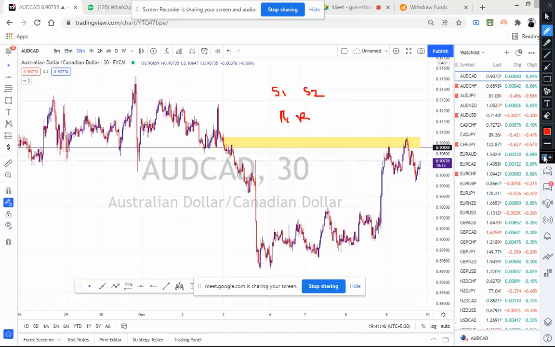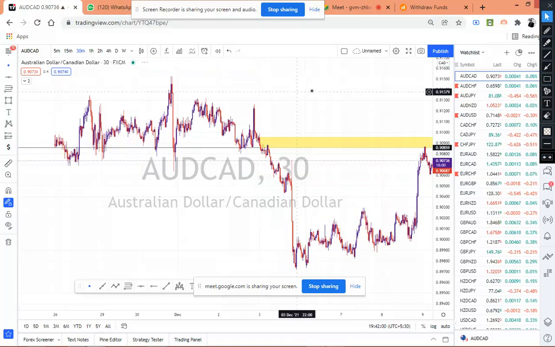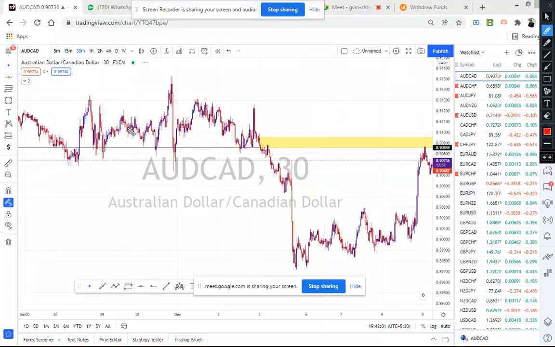So this horizontal line I have drawn here is a significant SNR. Many supports respected the line. If you watch out here, you will see that the market reversed on the same line, and here also the market reversed. So I'm seeing a significant support level.